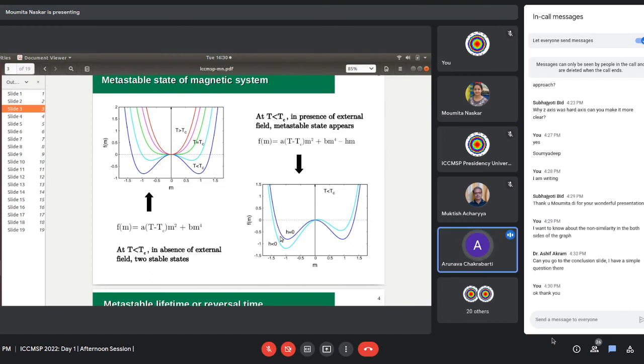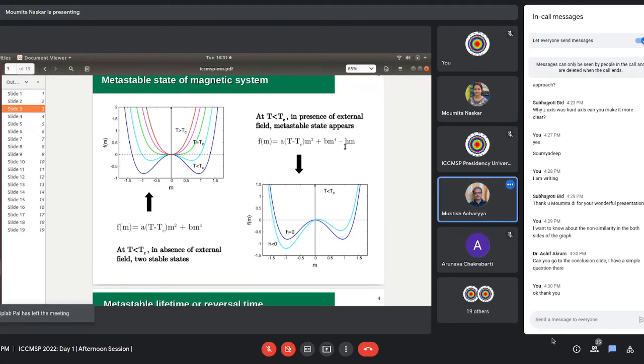This is basically the symmetry breaking term that is working here. This happens due to the Zeeman energy term. If you subtract this image, then definitely there will be some deviation from this to this point, and at another point it is just opposite, plus m and minus m.